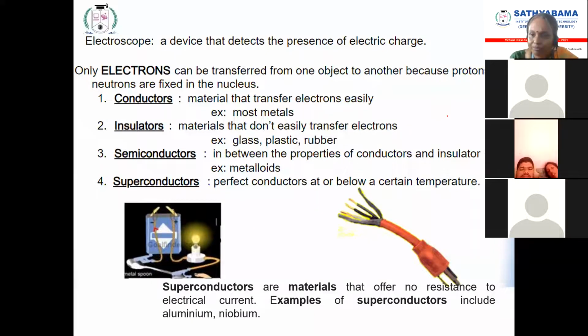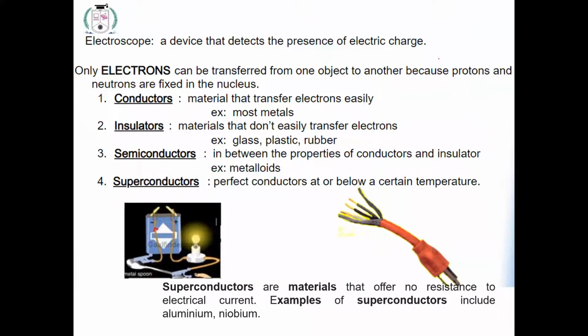Here, I told you electrons can be transferred from one object to another. A conductor transfers electrons easily.